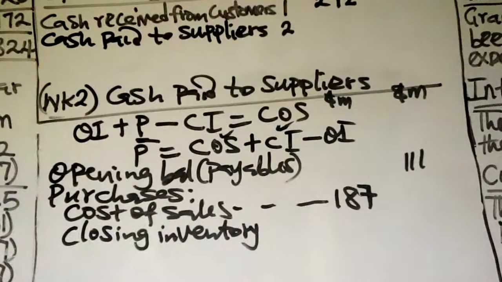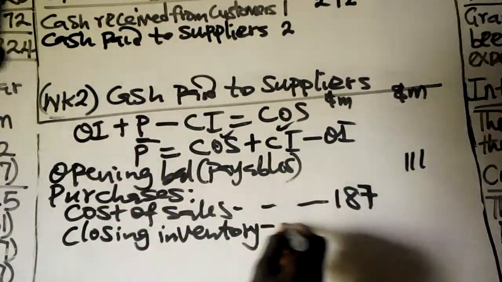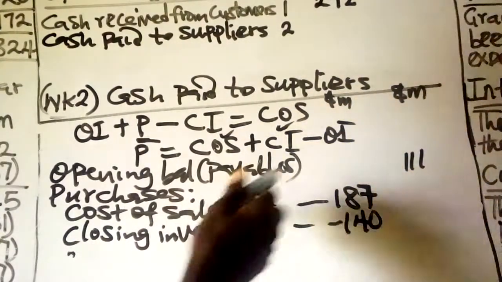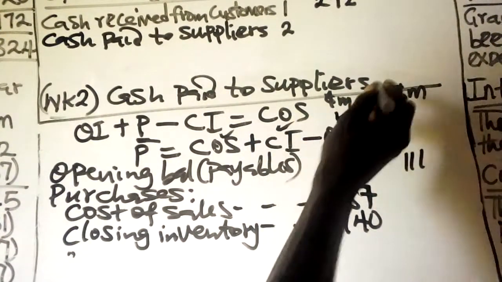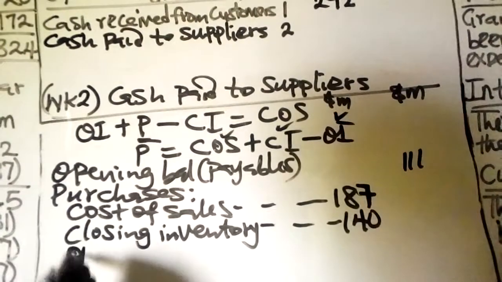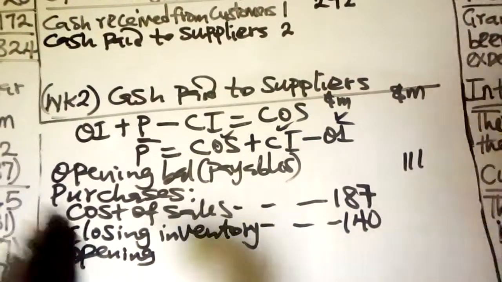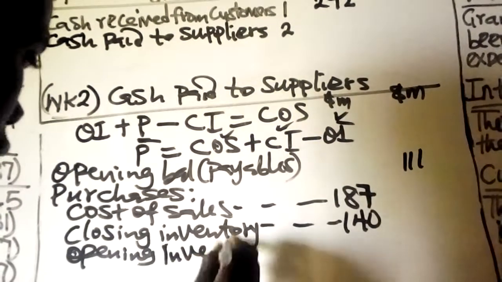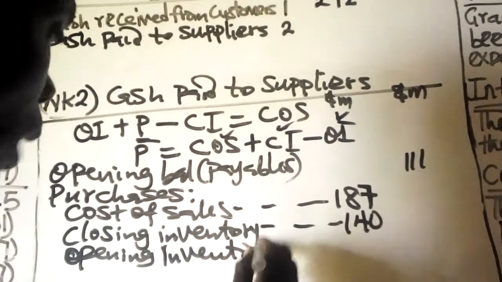So we now have plus the closing inventory of 140 minus the opening inventory of 155.